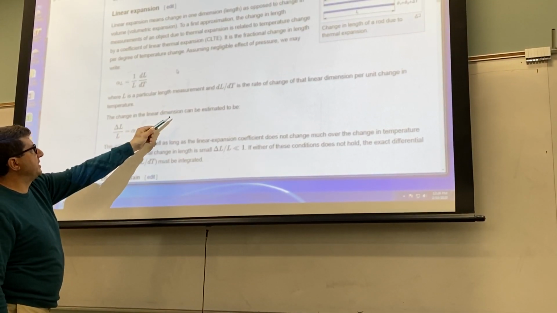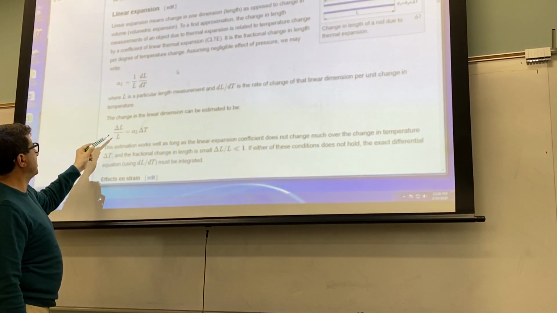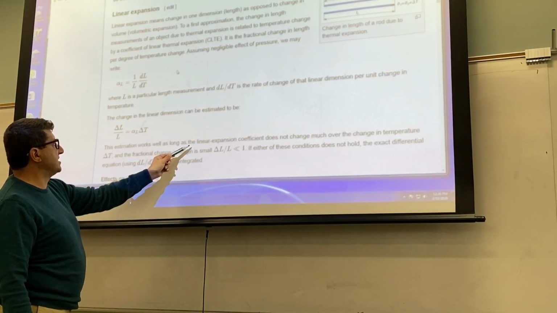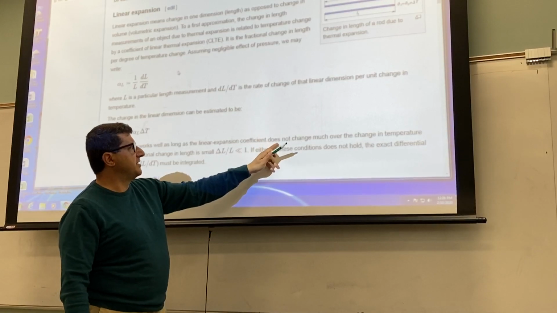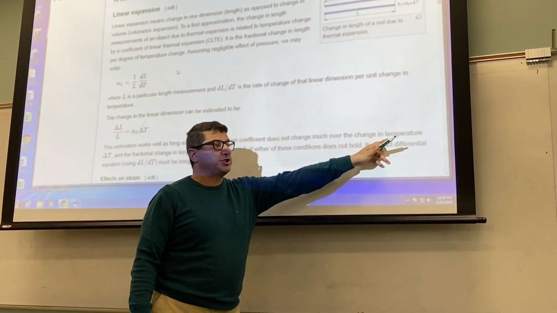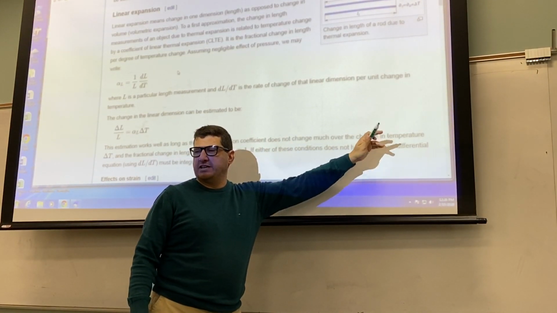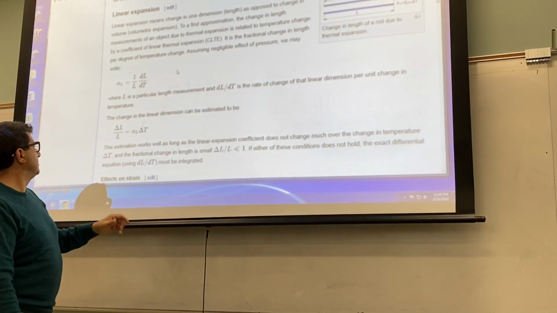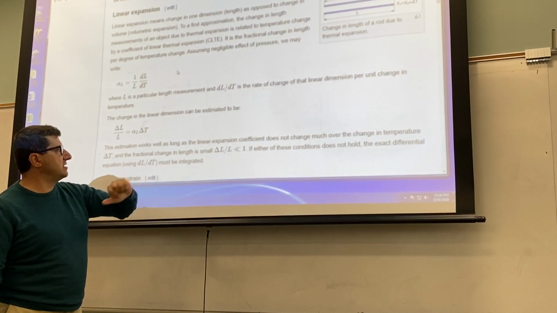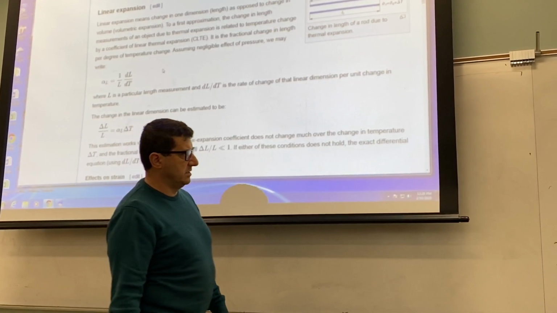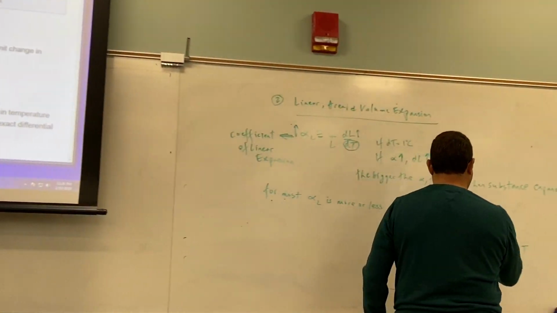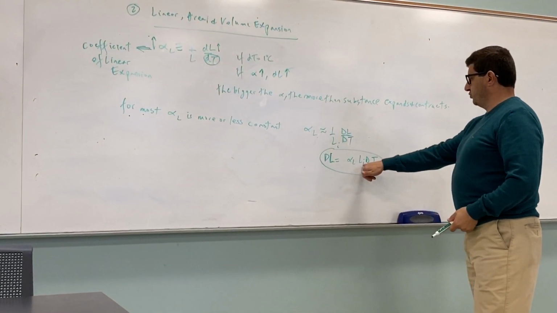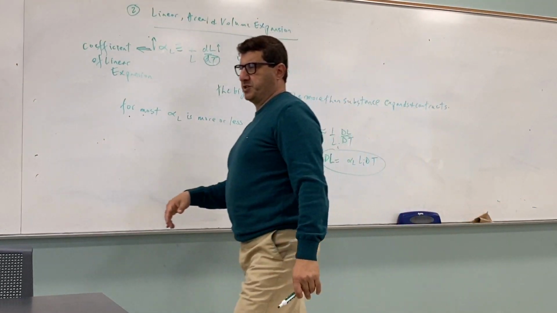The change in the linear dimension can be estimated to be delta L over L, alpha L, delta T. This estimation works well as long as the linear expansion coefficient does not change much over the change in temperature, right? If alpha L is more or less constant, then you can change it to a delta, and the fractional change in length is small, okay? So then a lot of times it's just written like this. And now we can look at the alpha of different materials.